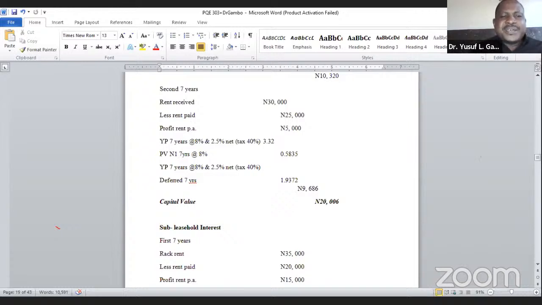Then PV 7 years at 8% gives you 0.5835. YP 7 years deferred, of dual rate again, is 1.9372. So you have 9,686. So the capital value at that point is 20,006. So sublease.